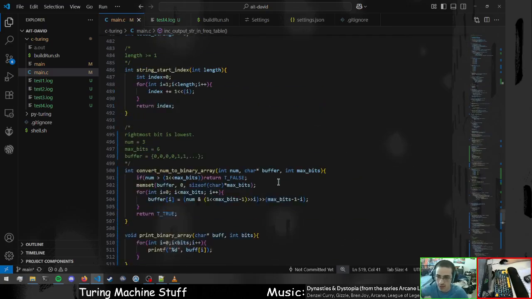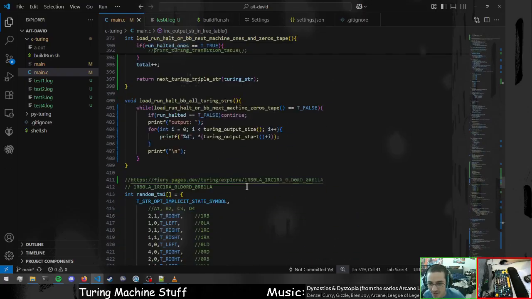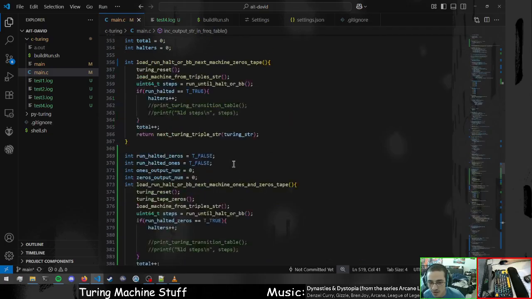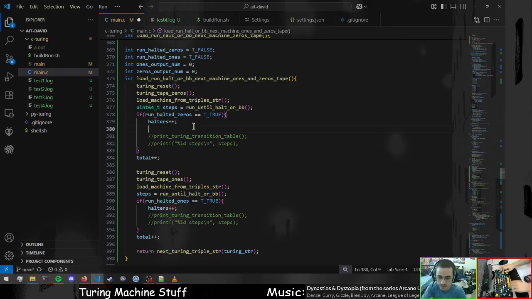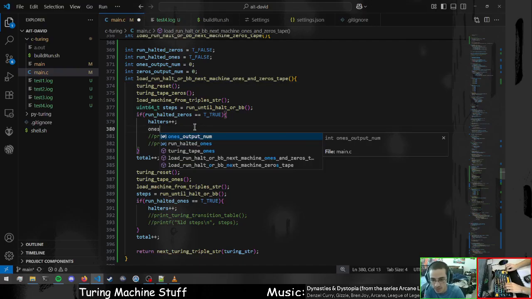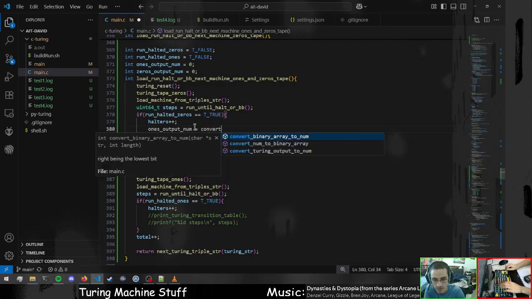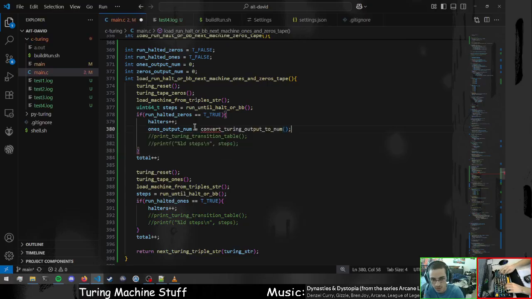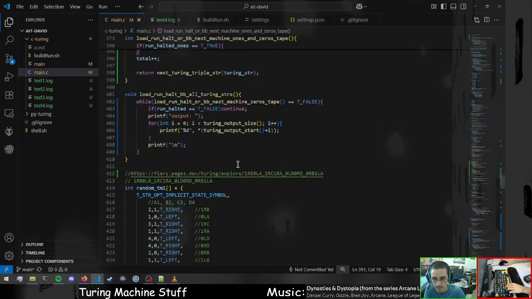So we're good to use the convert thing. The reason I'm lost now, I forgot what I was doing. No, I remember now. This one. So right here, the ones output number, we're going to convert the output to a number. And then here we're going to do the same, but the zeros output number is going to be that.